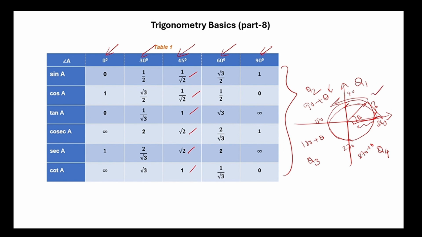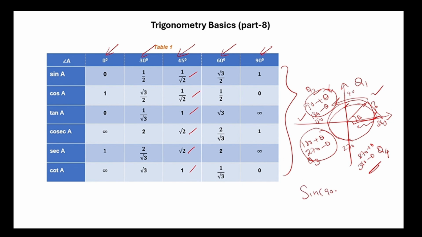Now what happens if you have an expression of sine of 90 plus theta, or cos of 180 minus theta? What do I have to do if it is 180 plus theta or 270 minus theta? If it is 270 plus theta or 360 minus theta, what do I have to do?